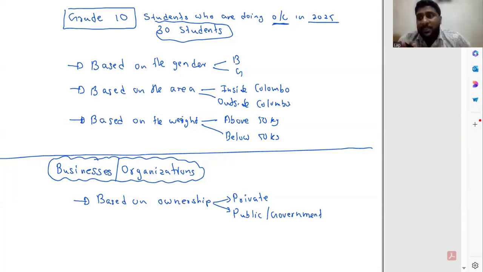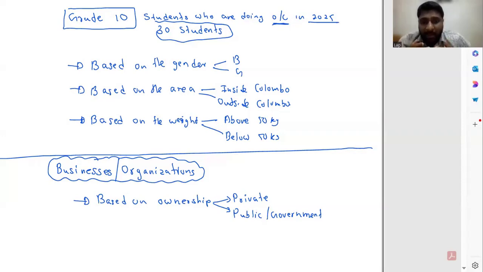If there is an organization which is owned by the government, let's take an example: the railway department of Sri Lanka. It is owned by government. The Education Department of Sri Lanka is owned by government.